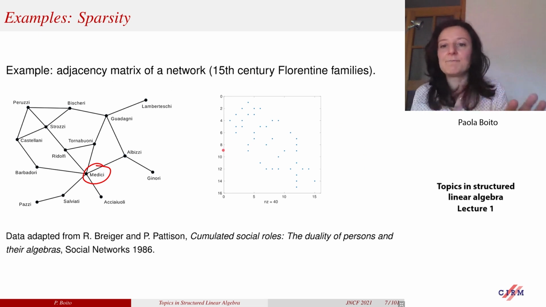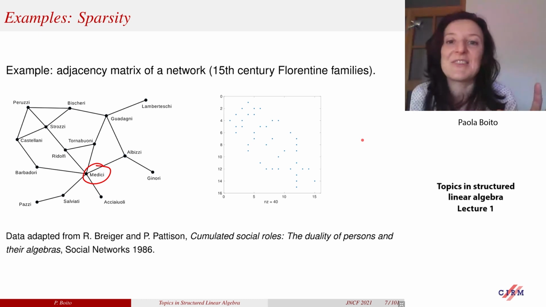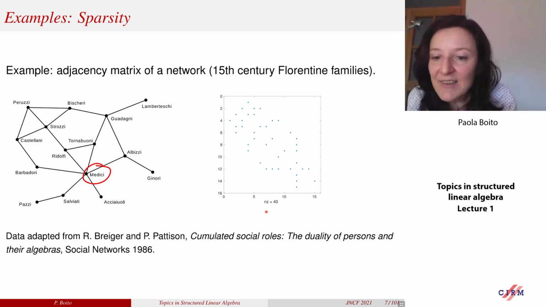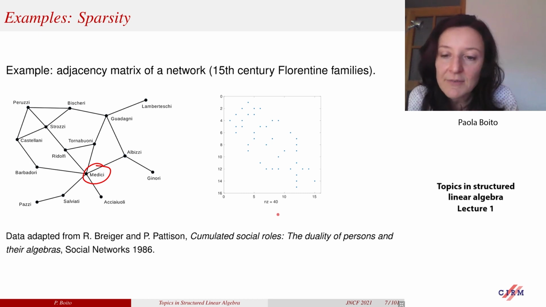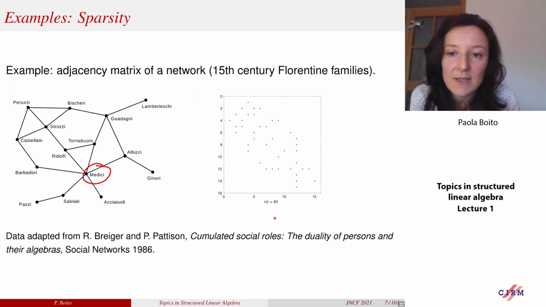So you can see clearly what shape the sparsity pattern has. And NZ is the number of non-zeros. What it says here is that there are 40 entries which are non-zero out of 15 squared, so 225.